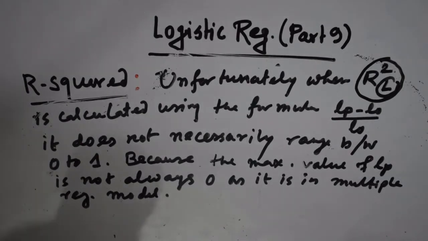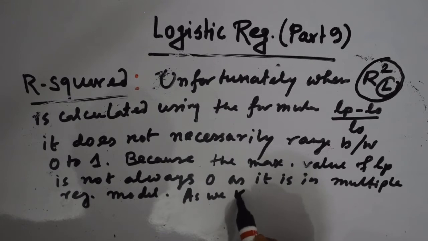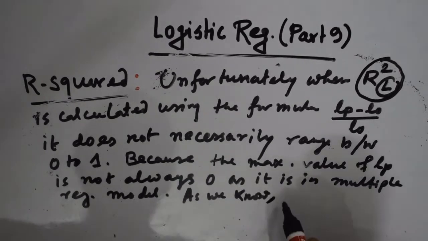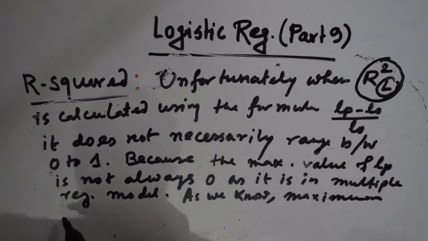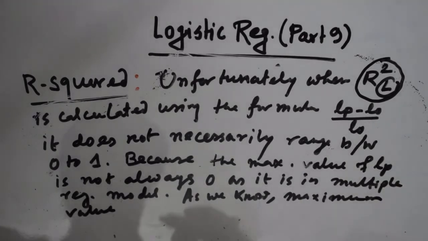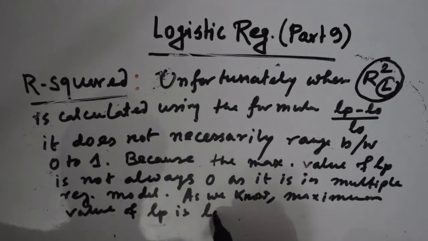So, as you know, for logistic model, the maximum value of small lp is small ls.